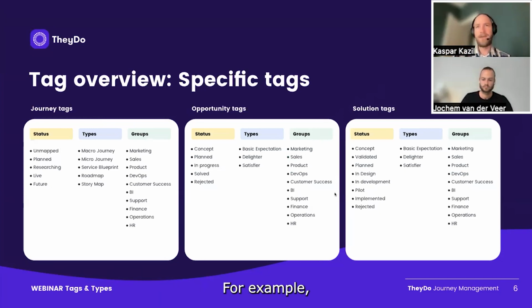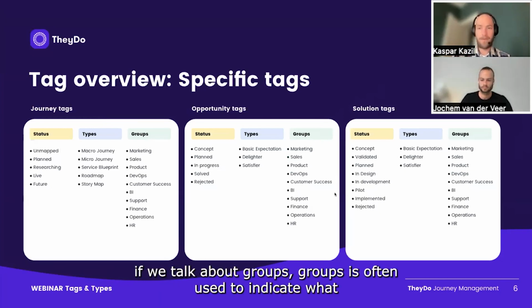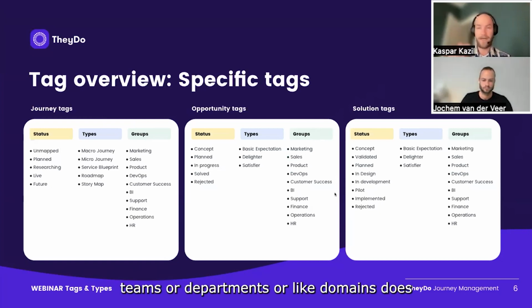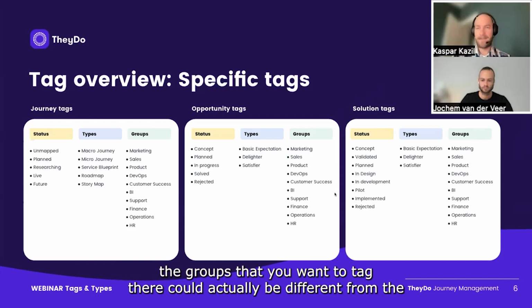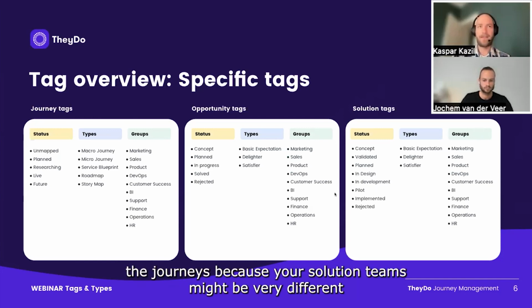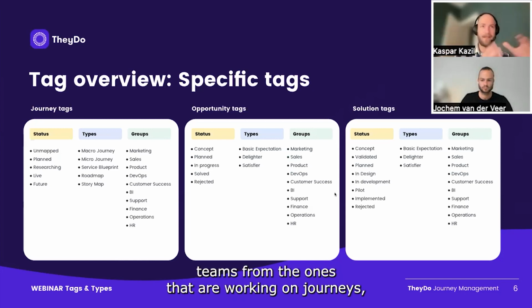For example, groups are often used to indicate what teams, departments, or domains a solution relates to. The groups that you want to tag there could be different from the journeys, because your solution teams might be very different from the ones working on journeys.